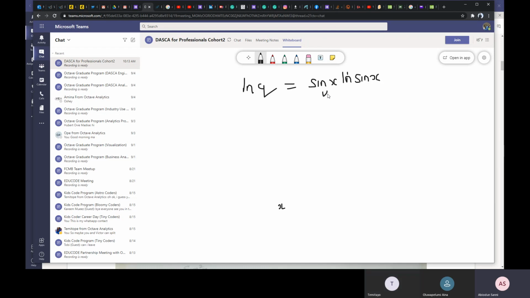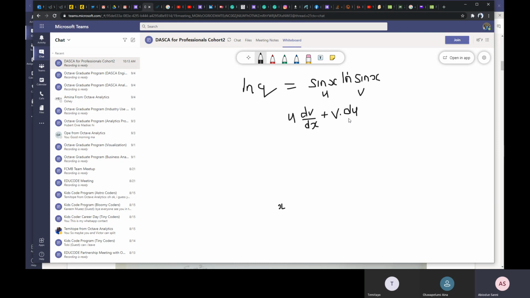Now, if I call sin x my u, and I call ln sin x my v, by the product rule our derivative is going to be u dv/dx plus v times du/dx.